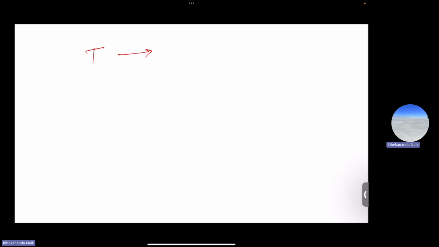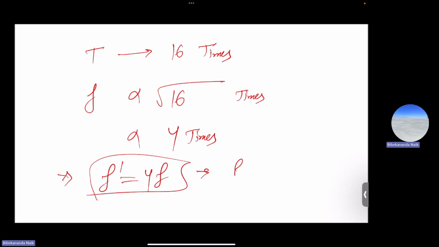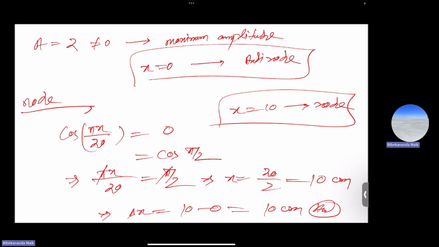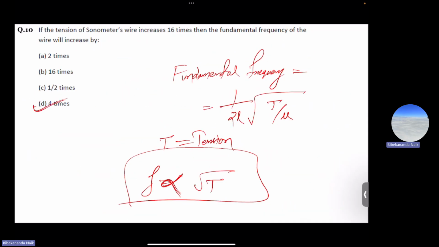So when T becomes 16 times, F will become root of 16 times, so 4 times. So F prime will be 4F. So the fundamental frequency will be 4 times. So the correct option is option D, 4 times.